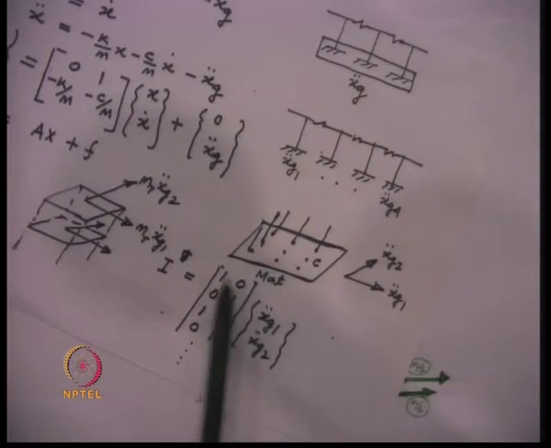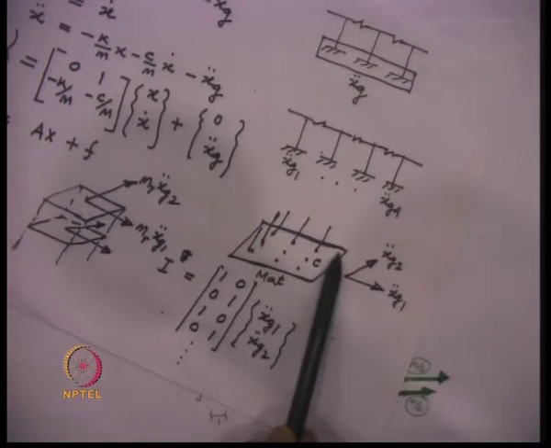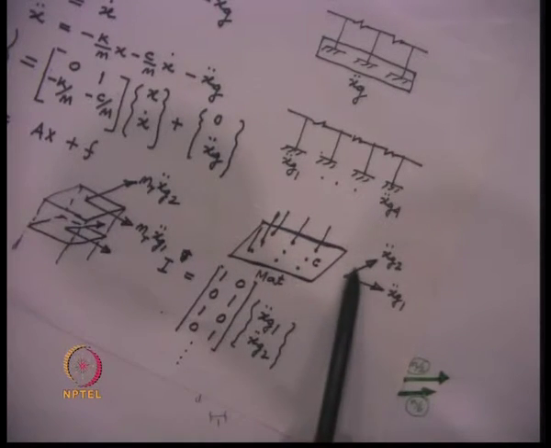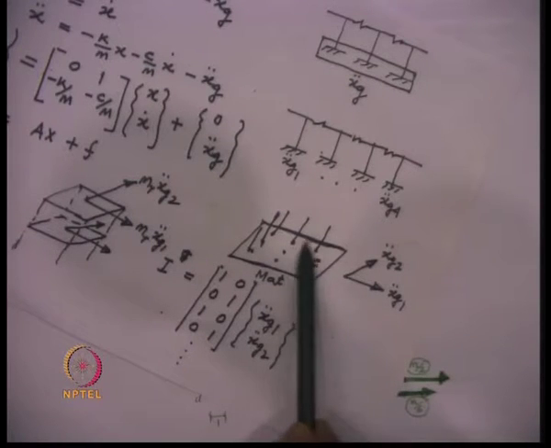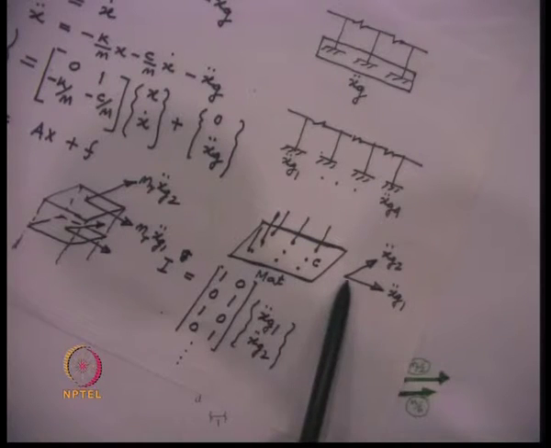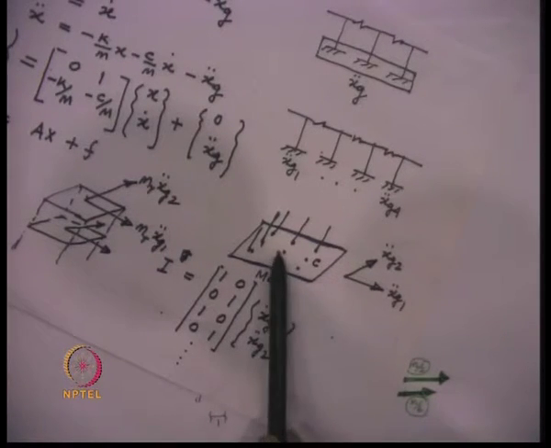In a multi-degree of freedom system like this, say this is a floor of a multi-degree of freedom system, then it has an acceleration in this direction and an acceleration in this direction. So, mass times the acceleration in this direction is one inertia force, and mass times the acceleration in this direction is another inertia force.